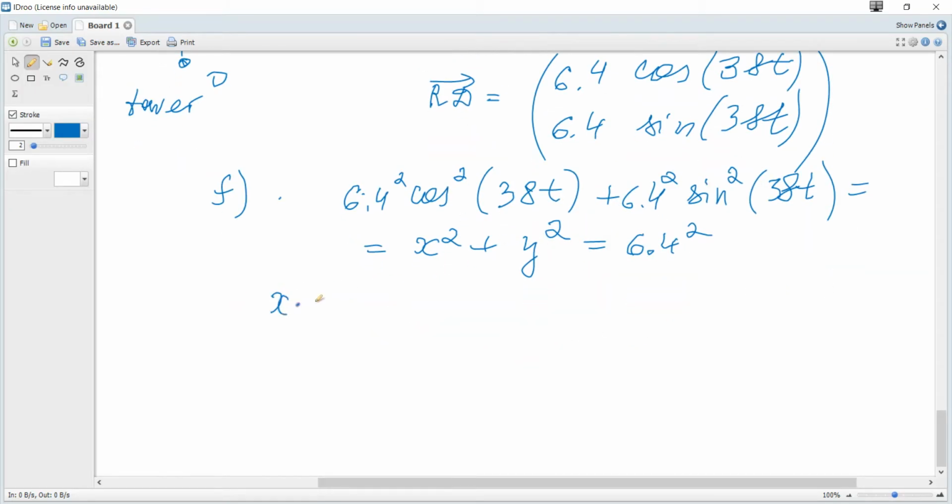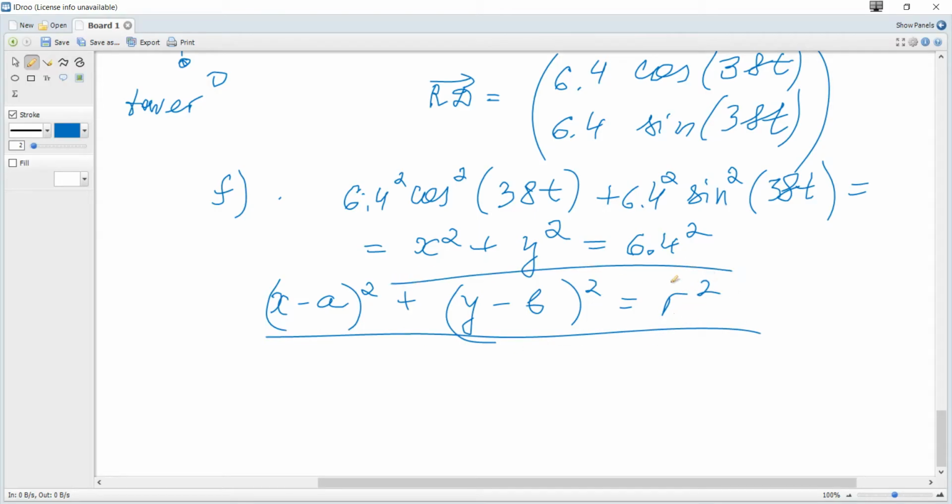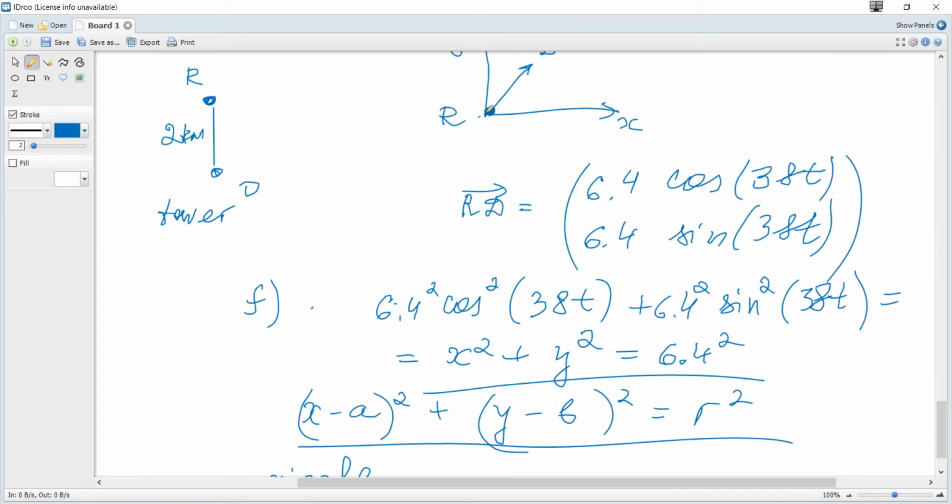And comparing with x minus a squared plus y minus b squared is r squared, it's the equation of a circle. So the path is a circle with center at 0, 0 at the origin. I mean with respect to r, because we consider two-dimensional motion in this plane, which is through the r and 2 kilometers above the tower.